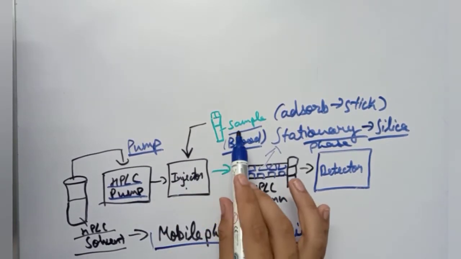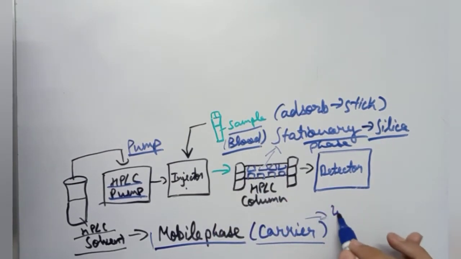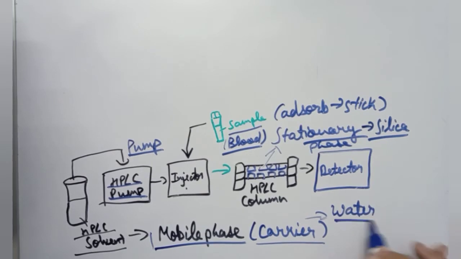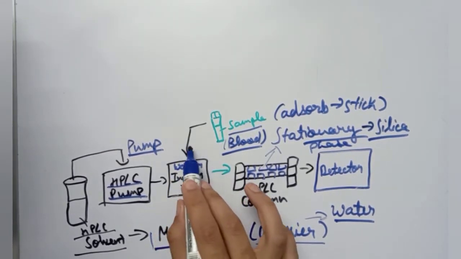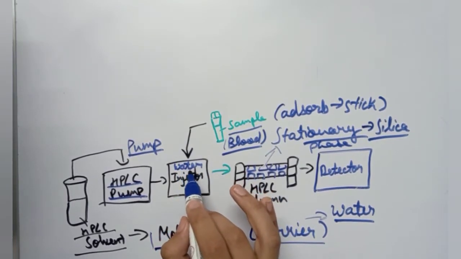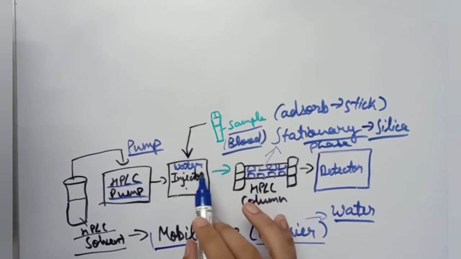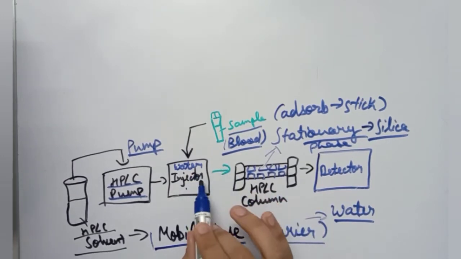The mobile phase is a liquid, for example water. Water is already present here, and when we put in the sample or the blood, the blood gets mixed with the mobile phase or water.